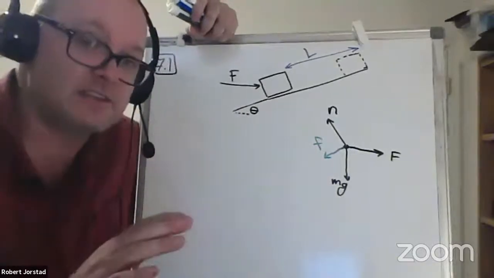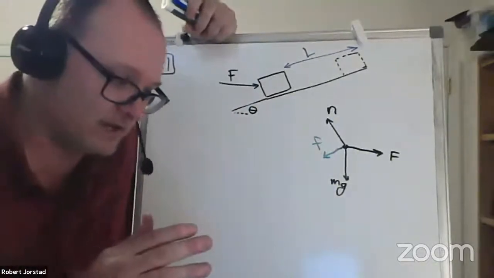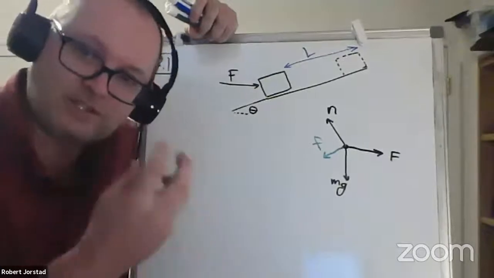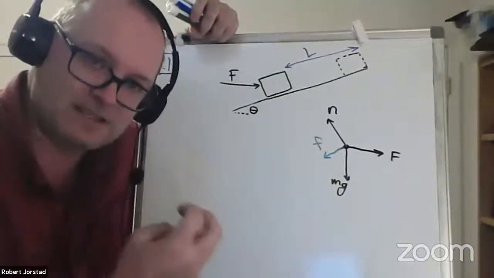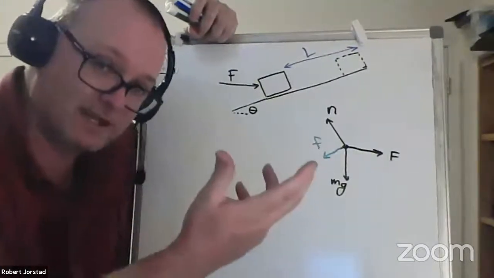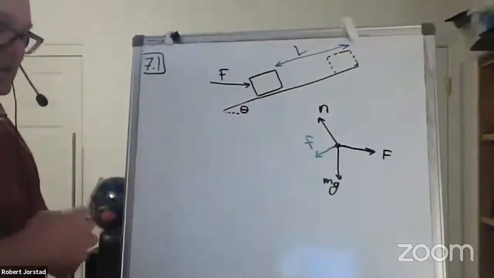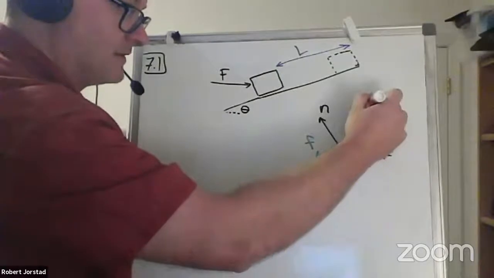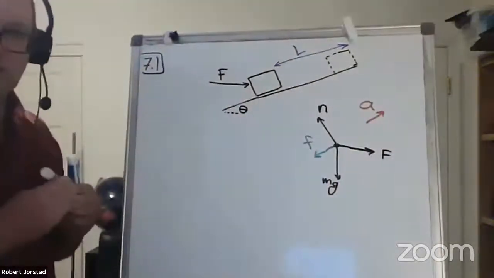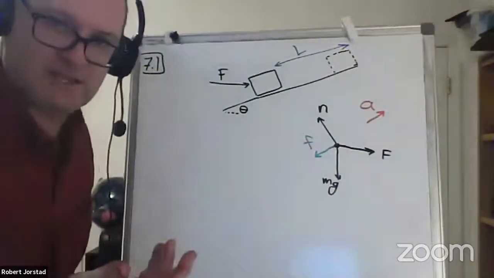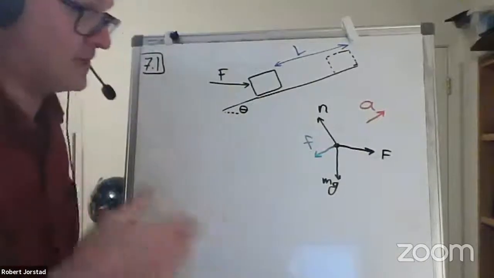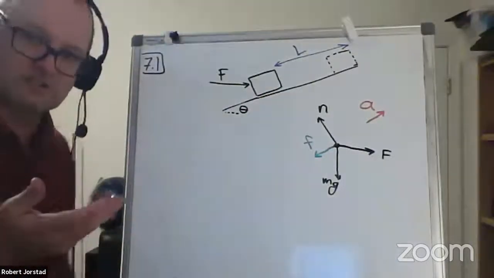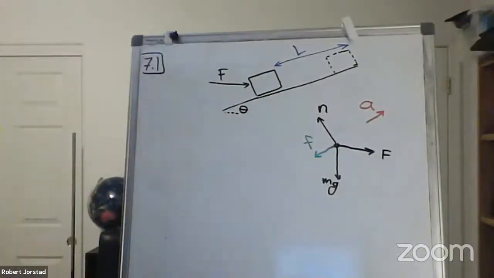There's no indication that this is at constant speed. This is one of the subtleties: physicists are notorious for making you use your brain to figure out an assumption. I never said it was constant speed. The more general case is to assume it is accelerating, so we're going to do that. Does that make sense?